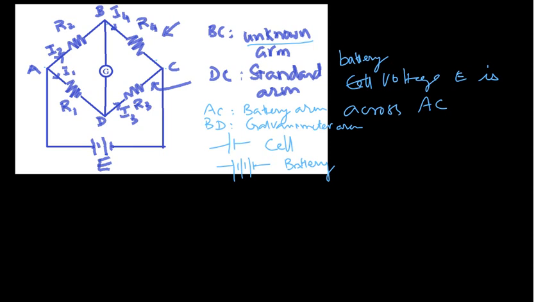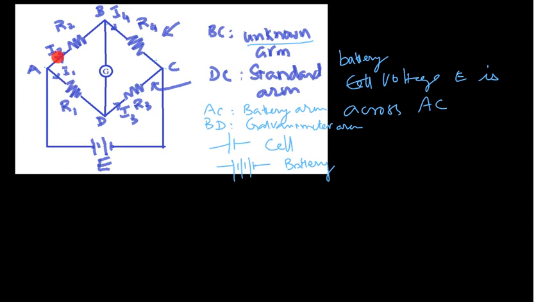Now he explains why they call it a balance, and how the balancing actually works. So before that, let's come to the discussion of this. We are assuming that some current comes from here, and it divides into I2 and I1.